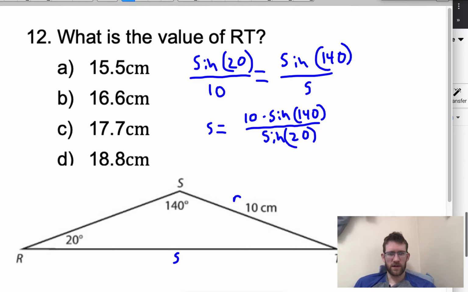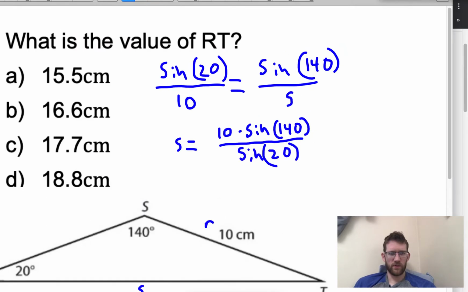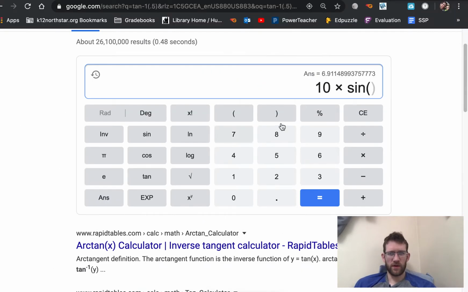Cool, I can punch that into a calculator. 10 times the sine of 140 divided by the sine of 20.